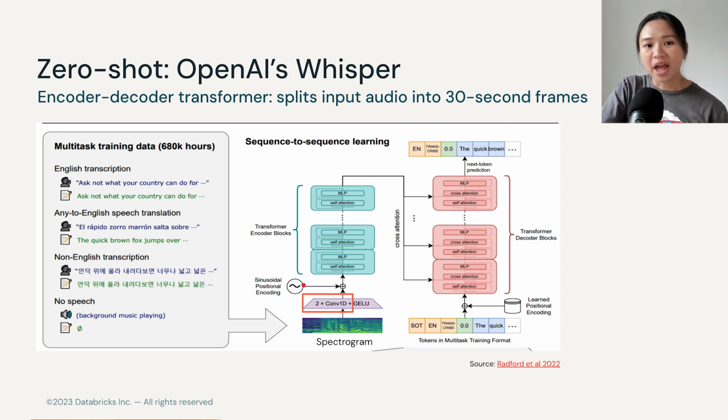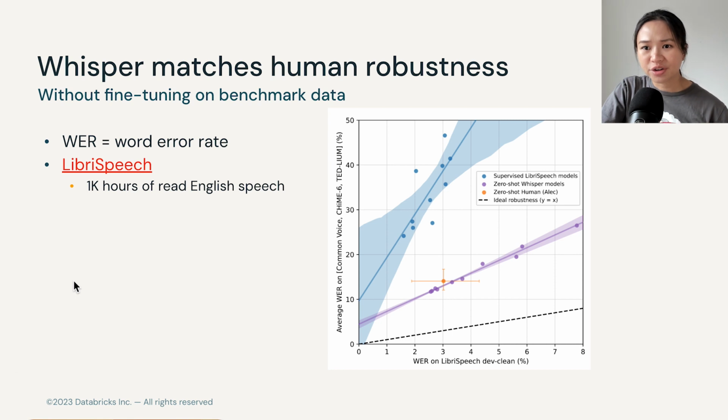And in Whisper's case, the input audio is split into 30-second frames. The researchers compare Whisper to other models that have been fine-tuned on LibriSpeech, which contains 1,000 hours of read English speech. They find that Whisper has a much lower average word error rate and can even match human robustness in a zero-shot setting.